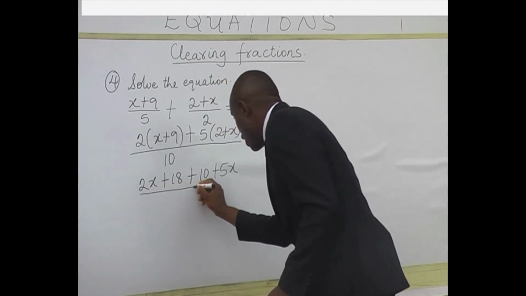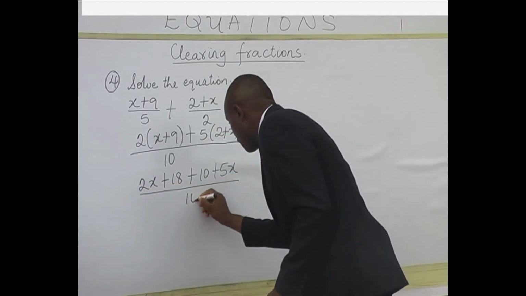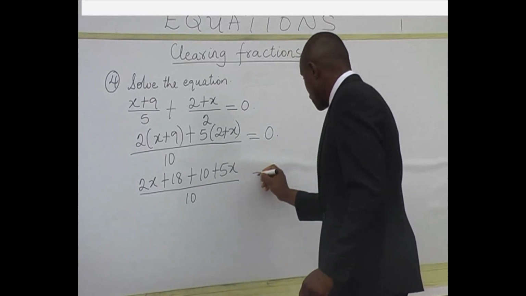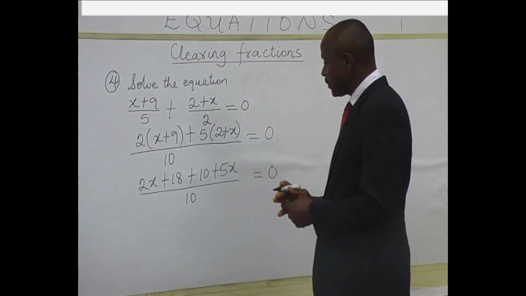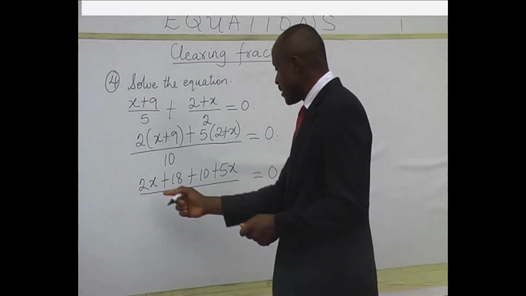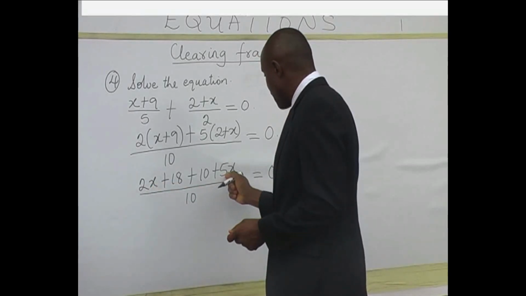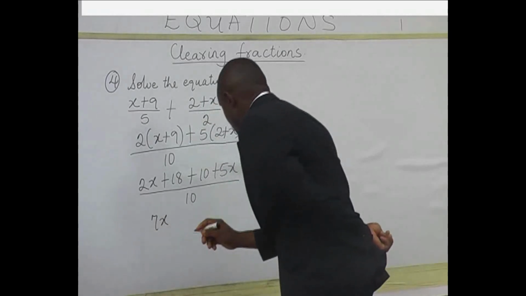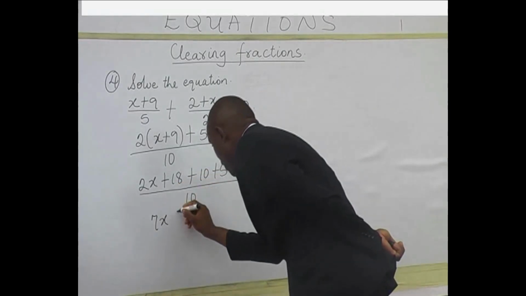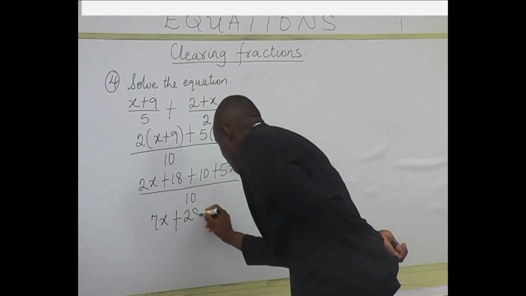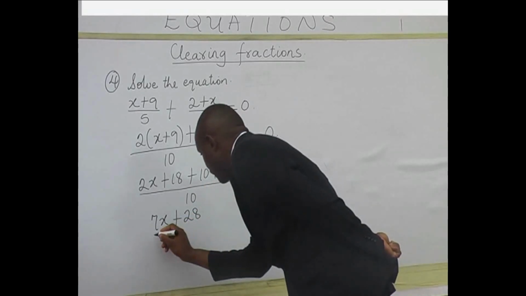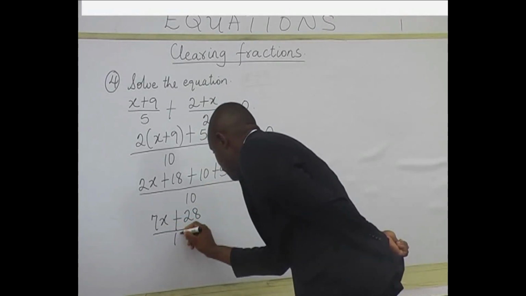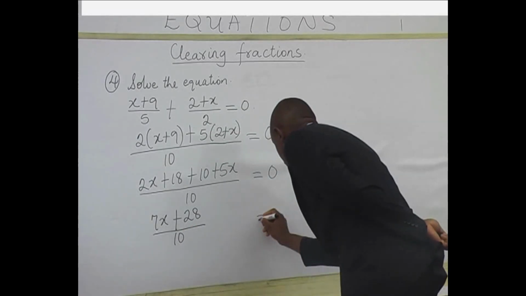Remember, all over 10 is equal to 0. Now collect like terms. 2x plus 5x will give you 7x. 18 plus 10 will give you 28, all over 10 is equal to 0.